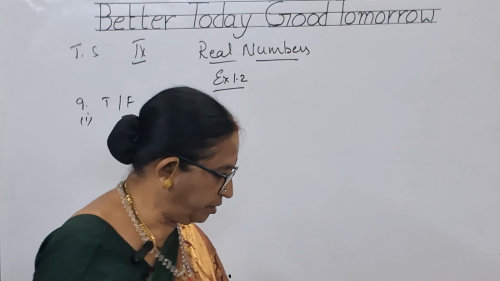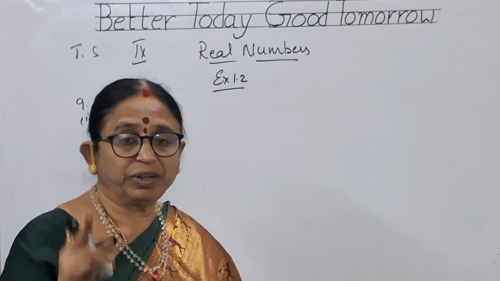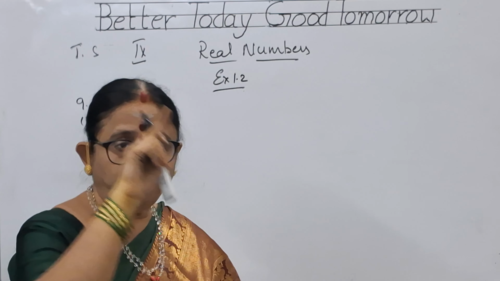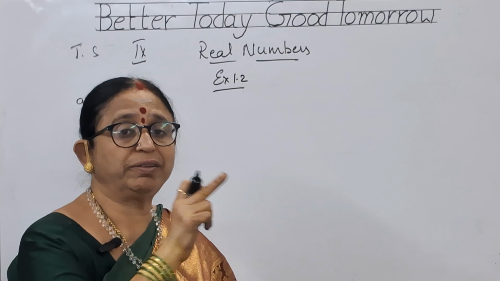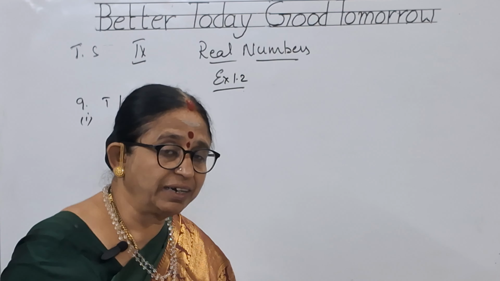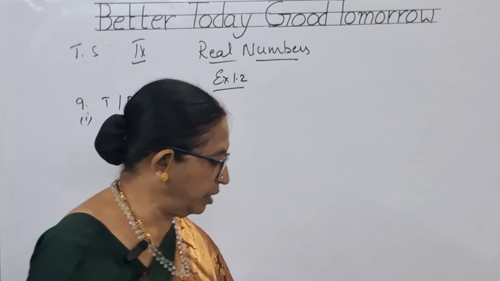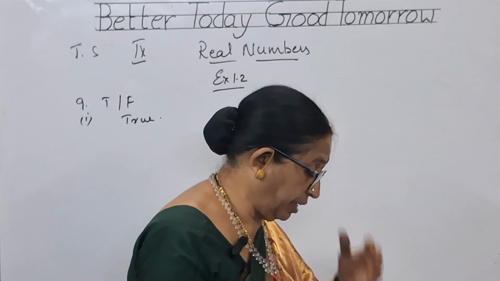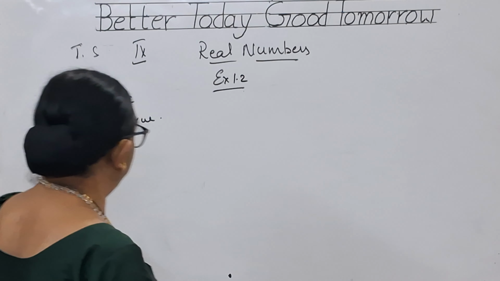Every irrational number is a real number. It is true because when I taught you earlier with a Venn diagram, I told natural numbers, whole numbers, integers, rational numbers, and on the side another circle I wrote for irrational numbers. All these put together, you are getting real numbers. So every irrational number is a real number, is true.